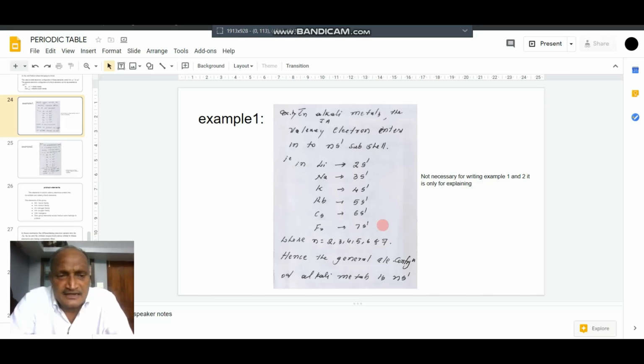Hence, the general electronic configuration of alkali metals can be represented as ns1. In all these elements, the valence electron is entering into the ns subshell in the form of ns1. Hence, alkali metals belong to the s block.